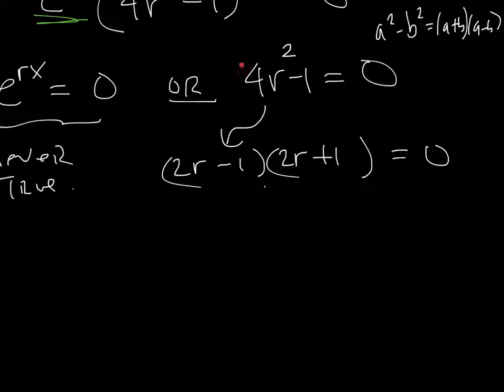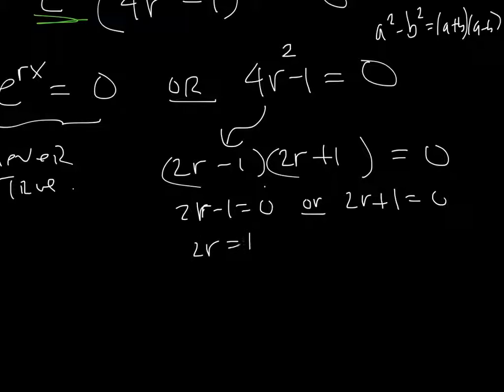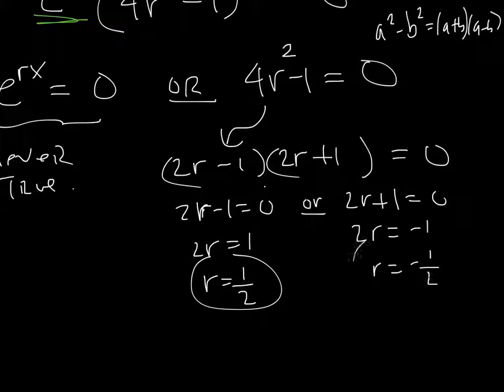This is a difference of two squares, 4r squared and 1. Then, of course, just set each factor equal to 0. So if we solve for r, we get 2r equals 1, so r is a half, and similarly r equals negative 1/2. So these are the two solutions.